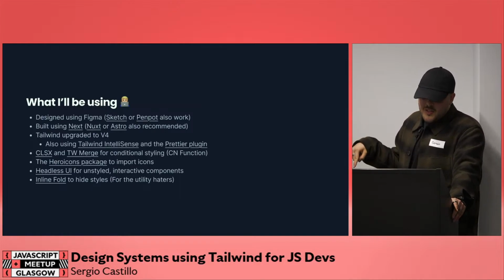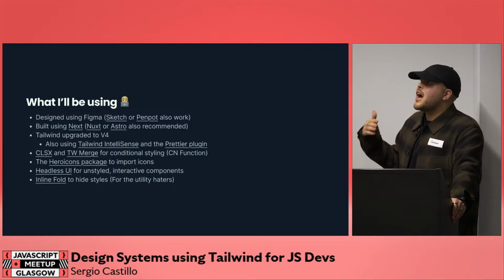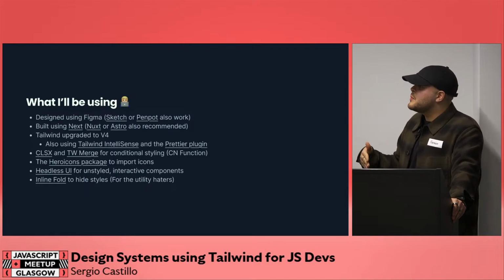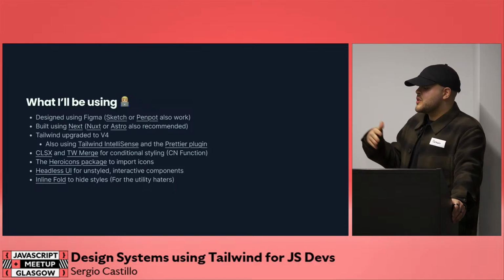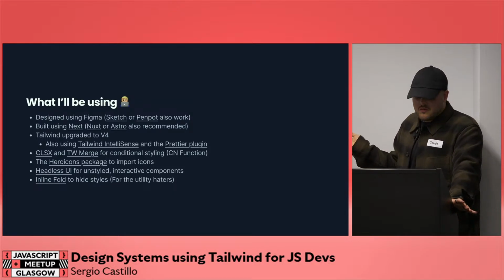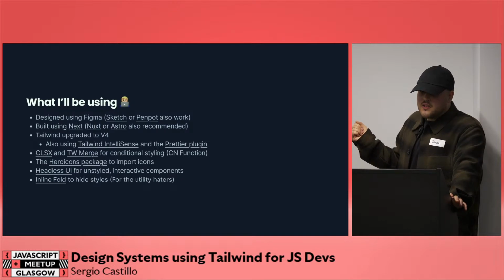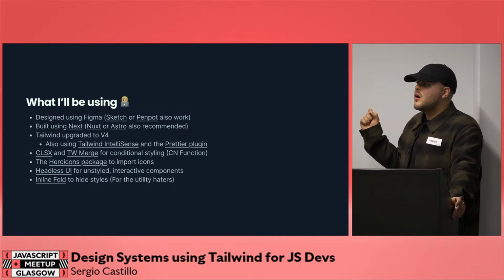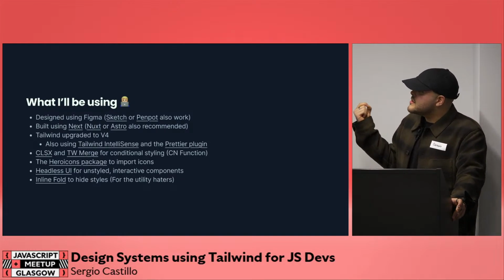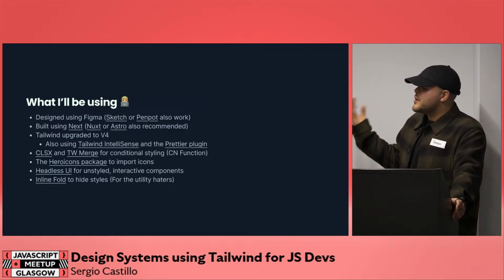I migrated Tailwind to v4, which came out a couple months ago, just to experiment with what it would look like. It's actually been quite a lot of fun. And then some tools that are not obvious but are still very useful are the Tailwind IntelliSense and the Prettier plugin.